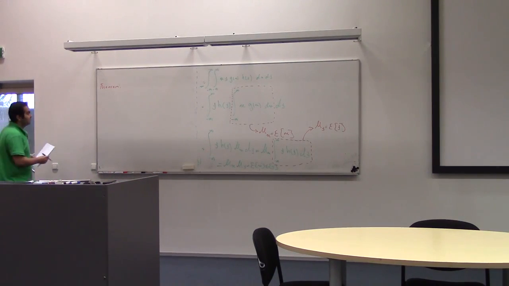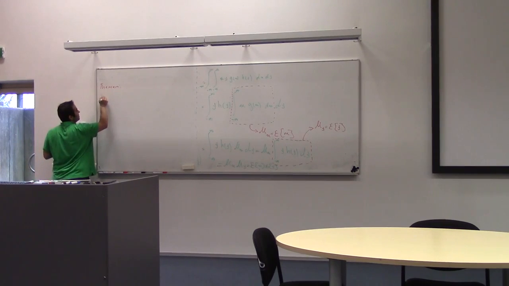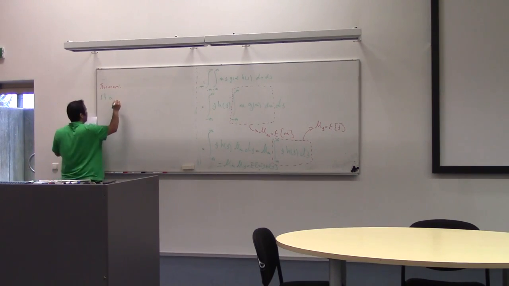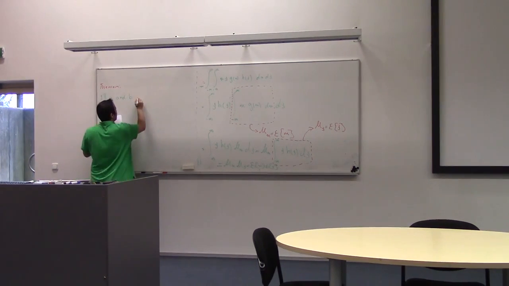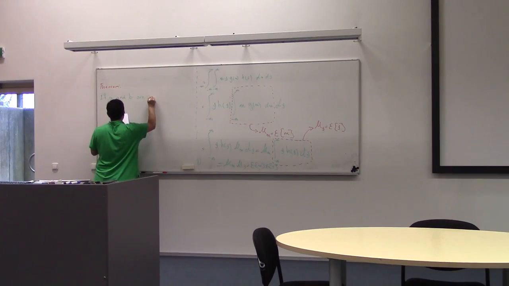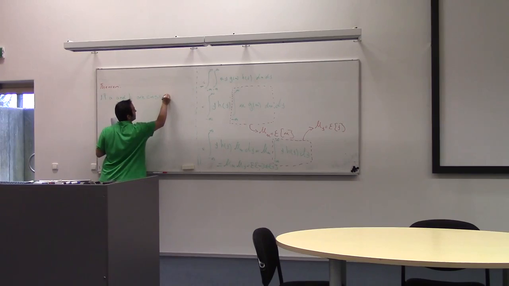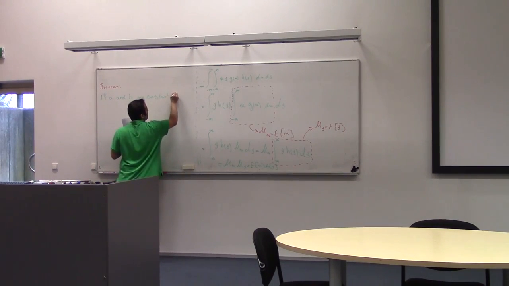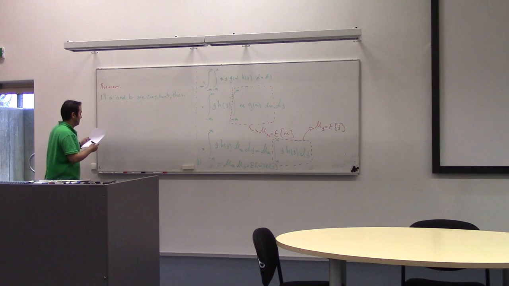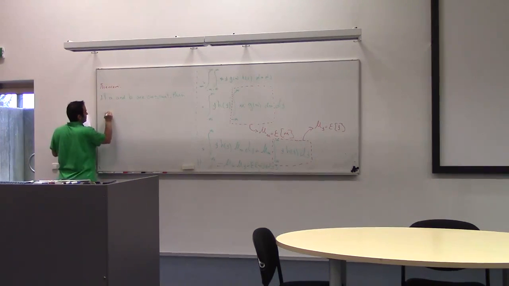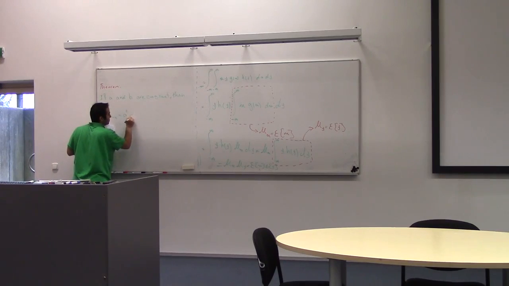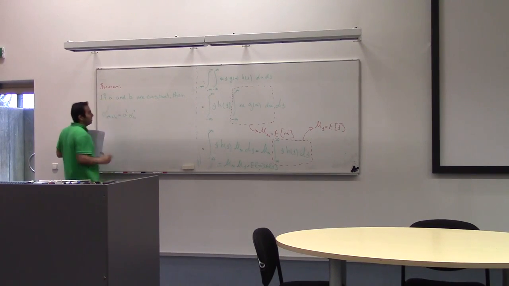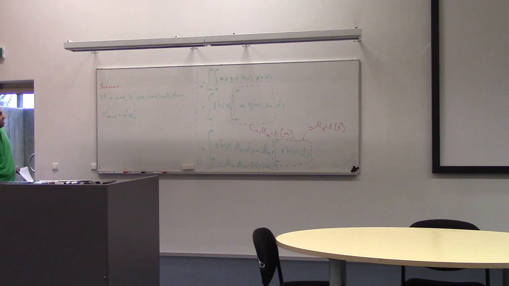The next theorem is like this: if A and B are constants, then sigma power 2 of Ax plus B is equal to A power 2 sigma x power 2.